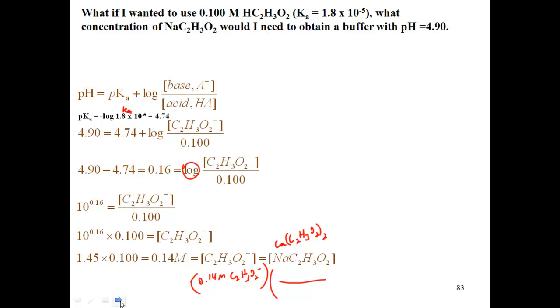There are 2 moles of acetate ions for every 1 mole of calcium acetate. Your moles cancel, which means I get that 0.070 molarity of calcium acetate is needed.